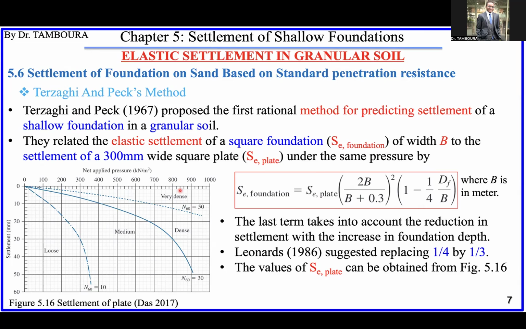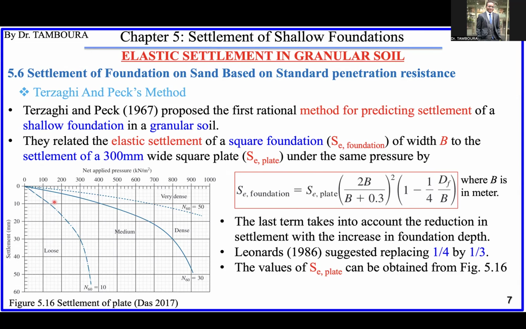Depending on the curve, you can see here the net applied pressure, and the settlement is here. That settlement is what you are reading, the SE here. Depending on the net pressure, I hope you remember what net pressure is. Net pressure applied means the load that is coming on your foundation.